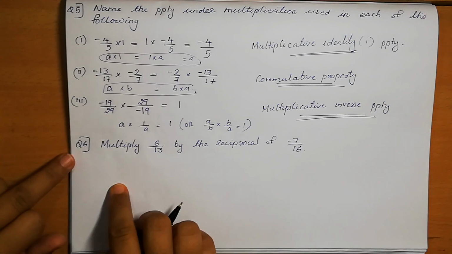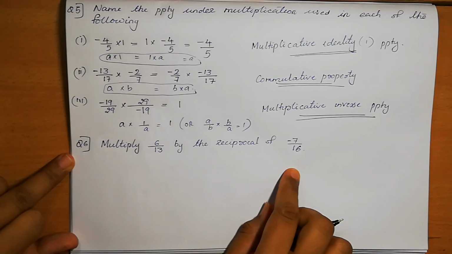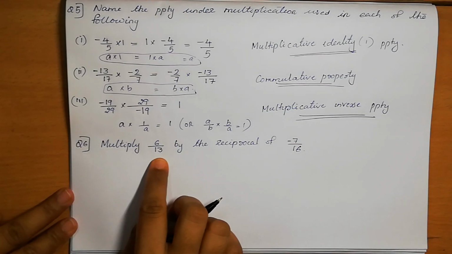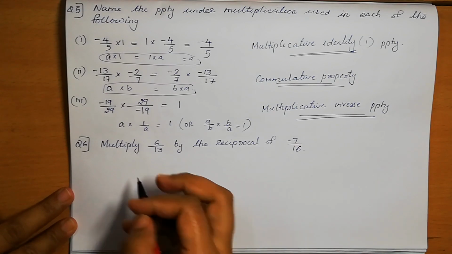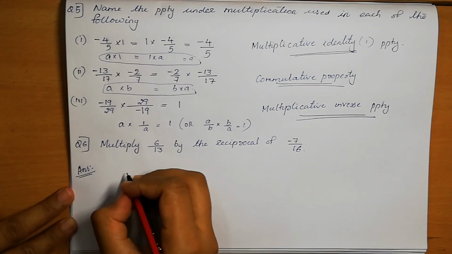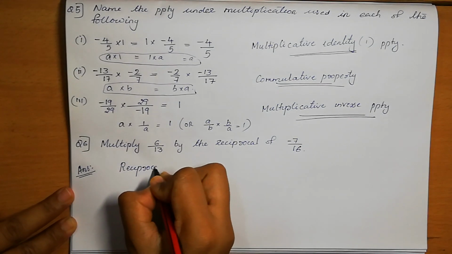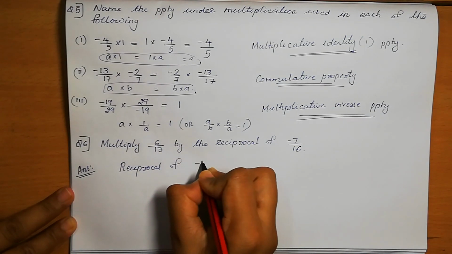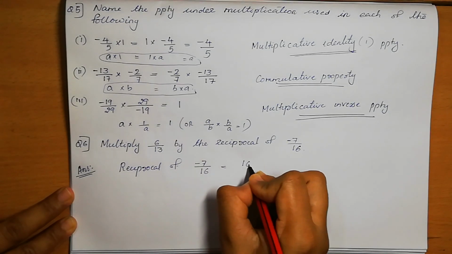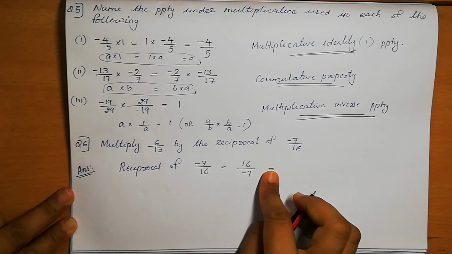Next, question number 6. Multiply 6 by 13 by the reciprocal of minus 7 by 16. We need to multiply 6 by 13 by the reciprocal of this number. So first we write the reciprocal of minus 7 by 16, which equals 16 by minus 7. Standard form means we write the minus in the numerator.